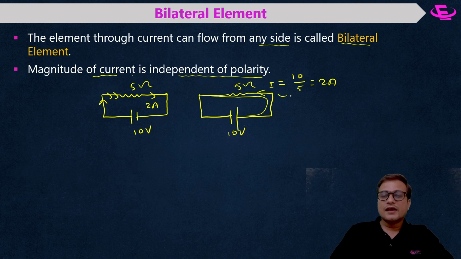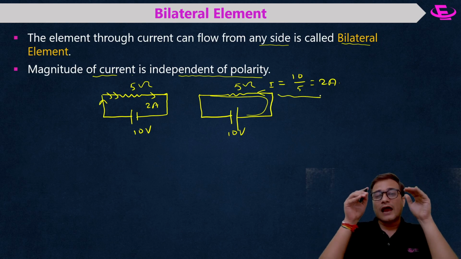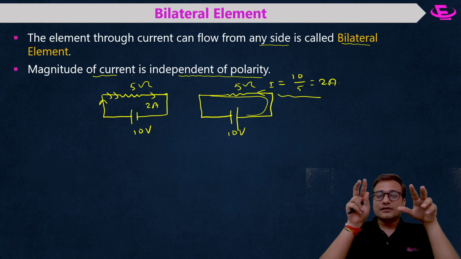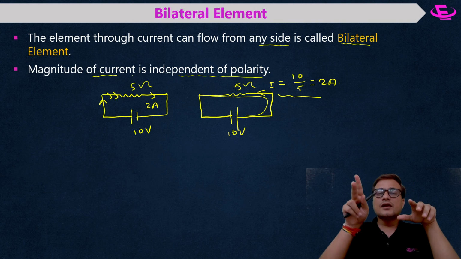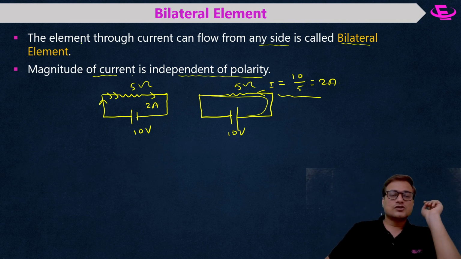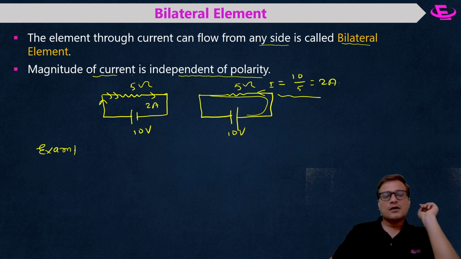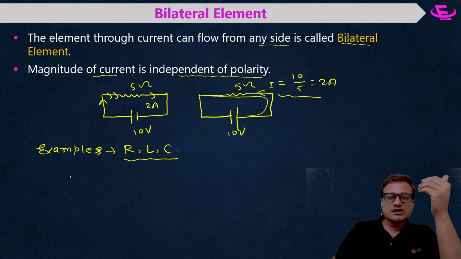So for a bilateral element, the magnitude of current is independent of polarity. Examples of bilateral elements are resistor, inductor, capacitor.